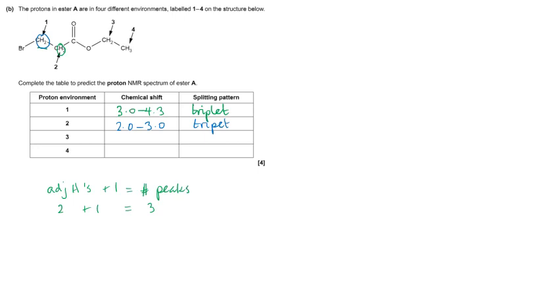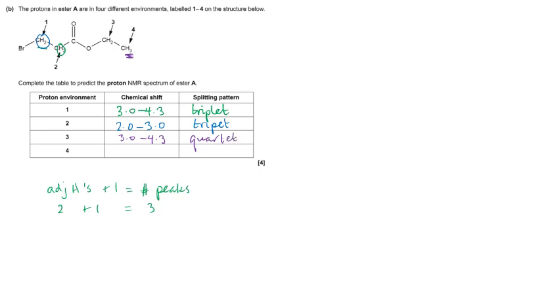Okay, so let's do environment number 3. So that's adjacent to an oxygen, single bond oxygen. And so that's quite a high shift, 3 to 4.3 again. And its adjacent hydrogens are these 3 here on the end. So 3 plus 1 is 4, so it's a quartet.